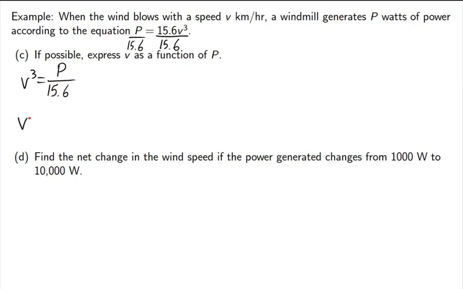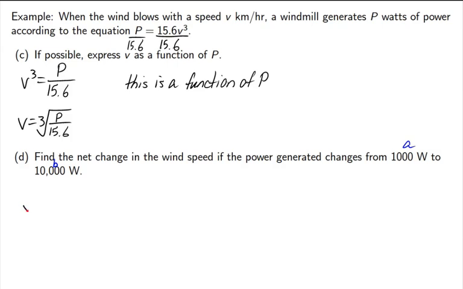And if I take the cube root, I get that v is the cube root of p over 15.6. And let's just make the comment, this is a function of p. With that said, we can now do the same thing we did last time. We've got 1,000 watts to 10,000 watts, and we want to find the net change in wind speed that will accomplish that. So let's plug these values in.